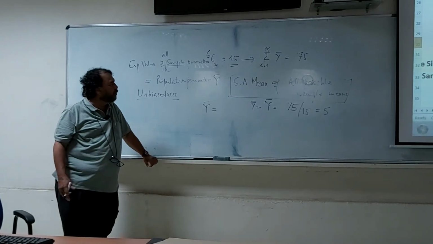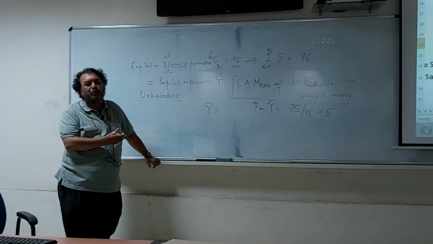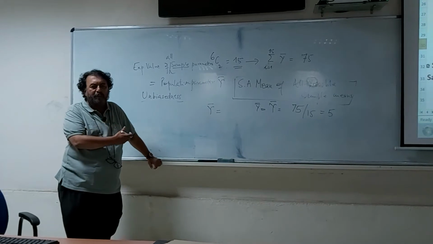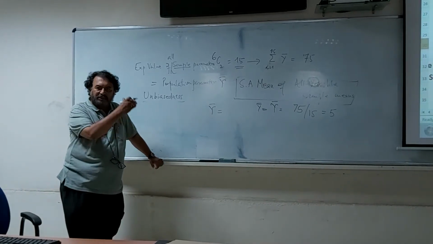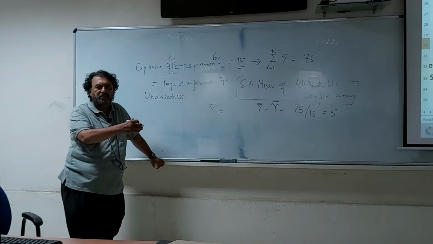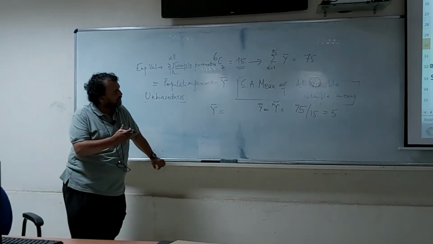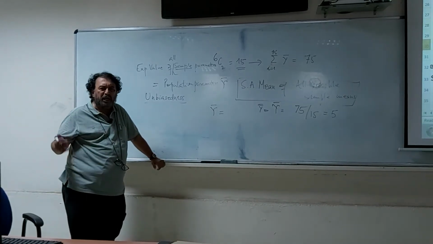The reason we use the term parameter is that in this case we have calculated mean, so by parameter we mean arithmetic mean, in fact a simple arithmetic mean, that means equally weighted, equal probability sample mean, but it need not be so.